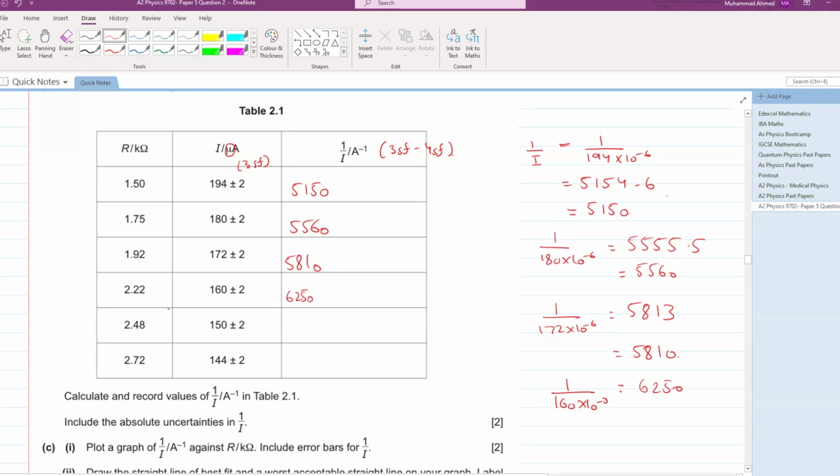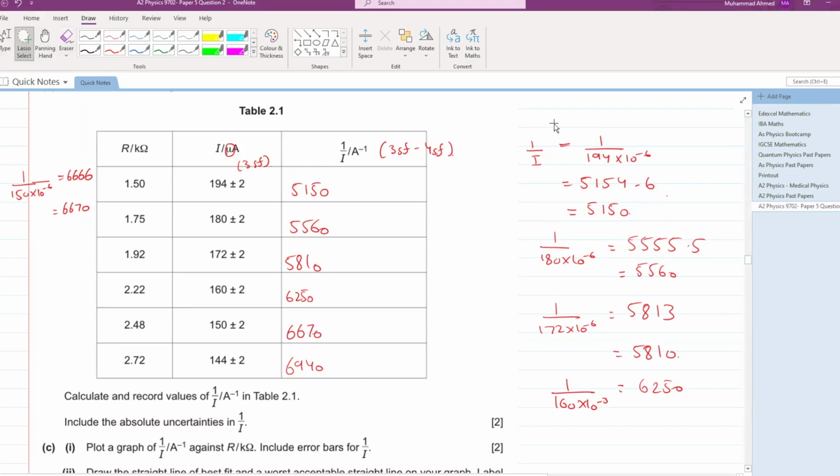Let's do it for the fourth and fifth column as well. 1 divided by 150 into 10 raised to the power of minus 6 comes out to be 6666, which can be converted into 6670. Perfect. 6670. Let's do it for the last one. 1 divided by 144 into 10 raised to the power of minus 6. This comes out to be 6940.